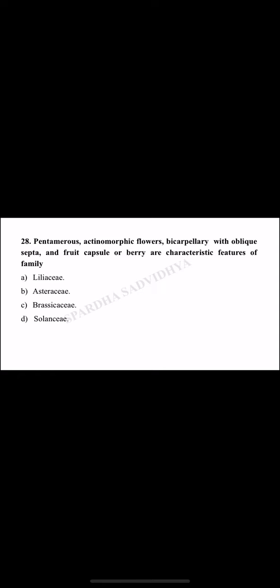So the answer is option D, Solanaceae. Only in the Solanaceae family it has an oblique septa. Pentamerous actinomorphic flower is also present in Brassica, but bicarpellary with oblique septa is present only in Solanaceae.